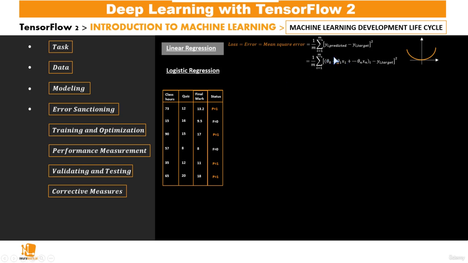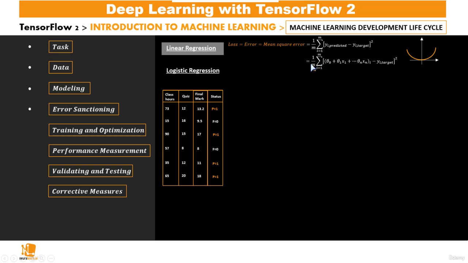So since our output y i predicted is gotten by a linear combination of the weights and the inputs, we have this, which is this, minus the y i target, all of the squared, hence the term mean square error, because we're squaring here.